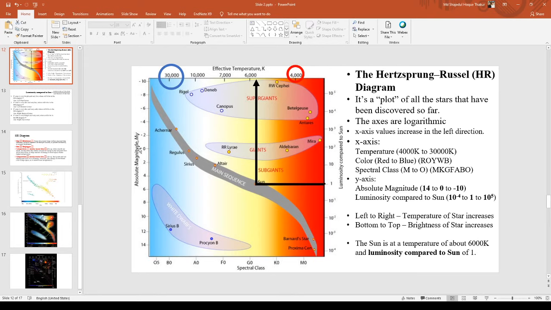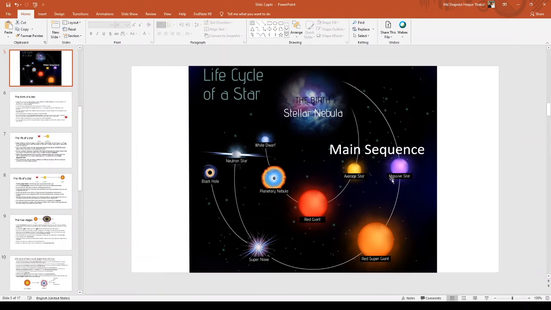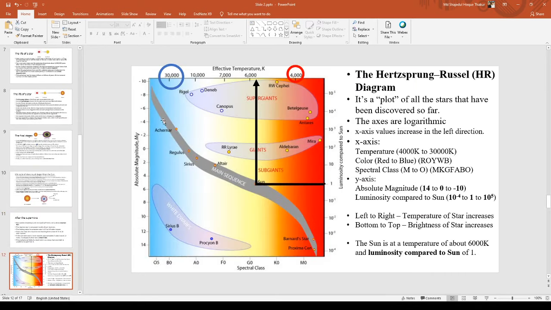Well, obviously there are massive stars and there are low mass stars. Remember, in the main sequence you have the average star like the sun, and you also have the massive big stars. The massive big stars are around the top of the main sequence, so they will be found near here.